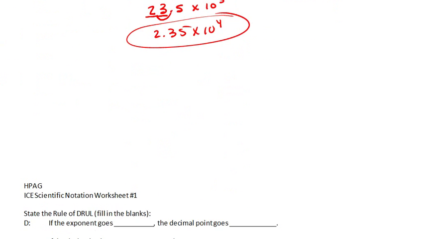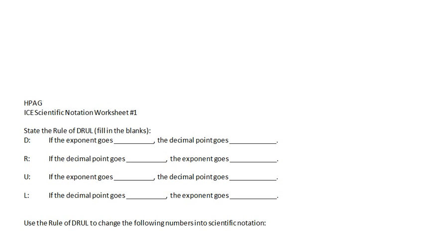So now let's look at the rules for changing numbers into scientific notation. We use the rule of DRUL. D stands for if the exponent goes down, then my decimal place needs to go to the right.